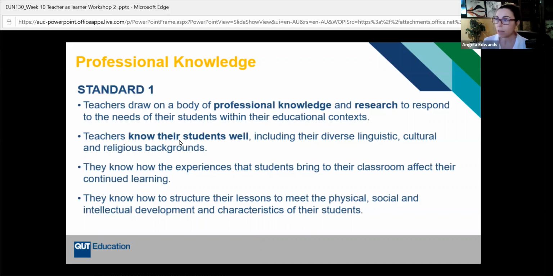The fourth: they know how to structure their lessons to meet the physical, social and intellectual development and characteristics of their students. So it's important that you break down and reflect on these in terms of your own beliefs and practices and what these actually mean to you. So it needs to be a personal reflection about a particular standard.